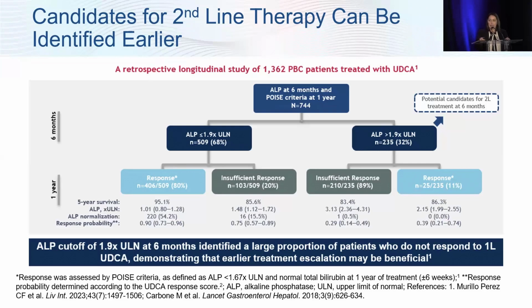So this is telling us that really most of the people at 6 months that are non-responders are going to continue to be non-responders at 12 months. So why wait until month 12 if at month 6 they're not responding? You could consider earlier at that 6-month mark to introduce a second-line agent.